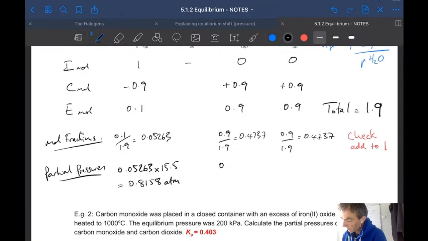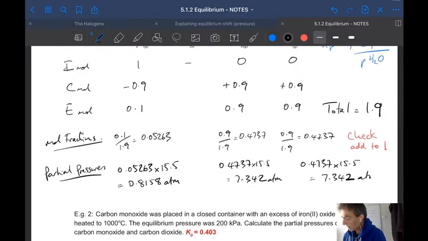This would be 0.4737 times 15.5, and that is 7.342 atm. And this one here, 0.4737 times 15.5, is 7.342 atm.